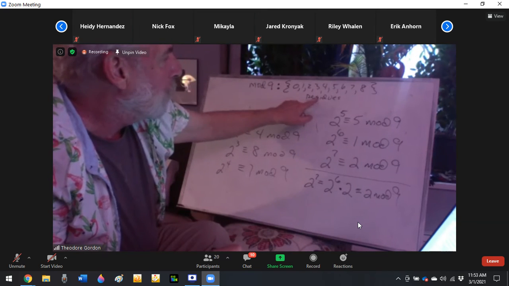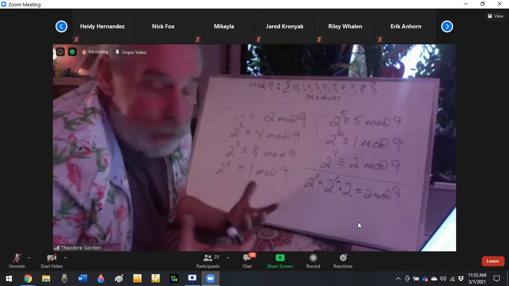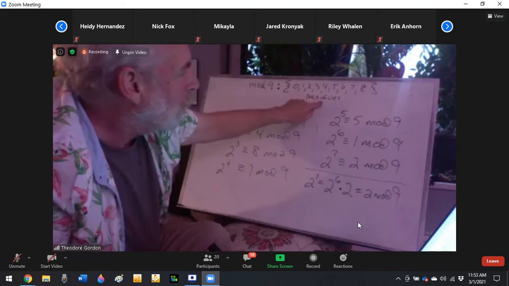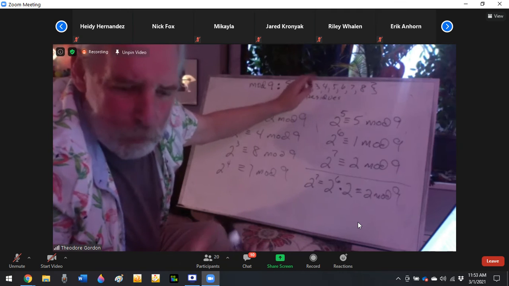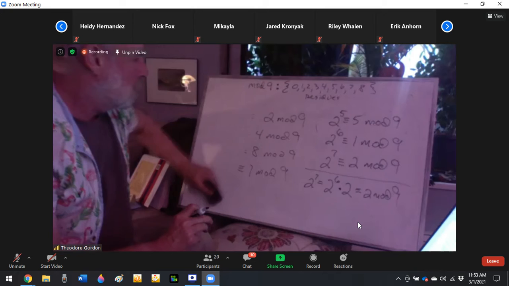So when you divide anything by 9, 0 through 8 are the only remainders you can get. You can think of residues as the remainder when dividing by 9.